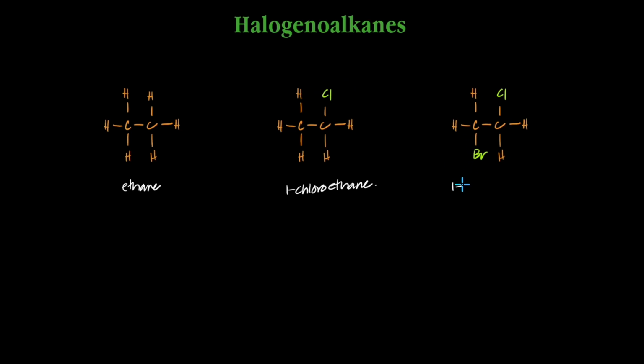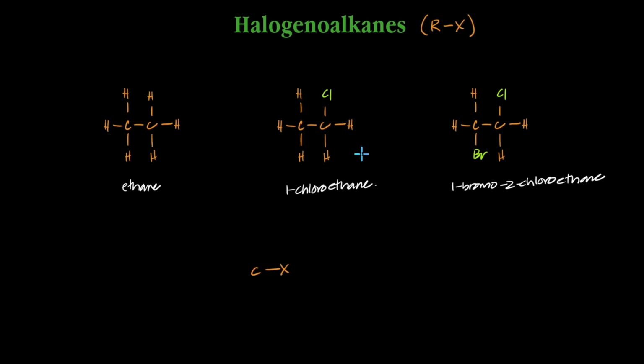This one could be called 1-bromo-2-chloroethane. Here are some examples. So this is what halogenoalkanes are. I'm going to introduce them to you, and then we can also look at some properties and then reactions. Generally, we write halogenoalkanes as RX, where R has a C-X bond.